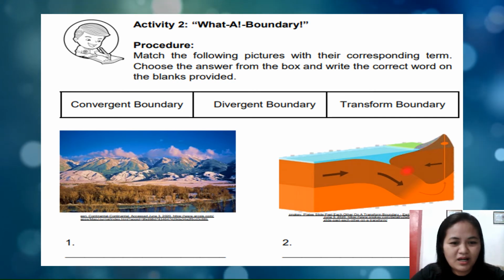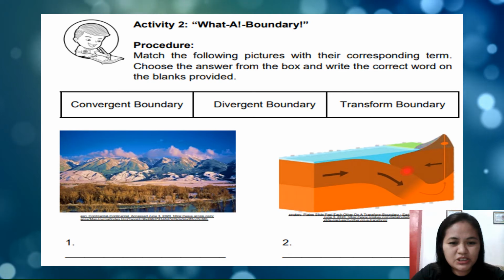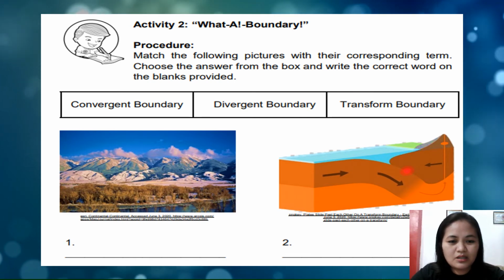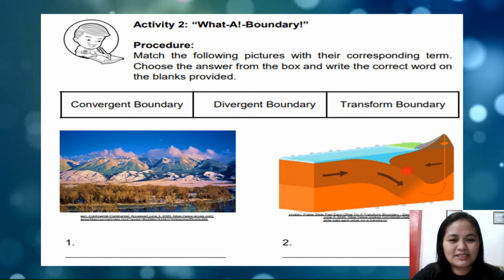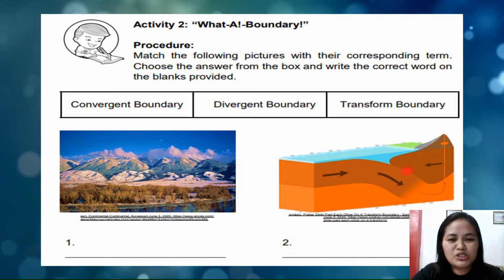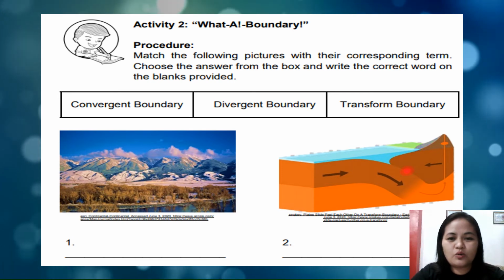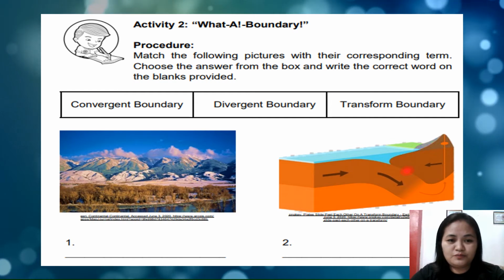Ayan, number 1. What is shown in the first picture? We have here mountain ranges. Na-discuss ko kanina, how mountain ranges are formed. So, what kind of boundary is involved?